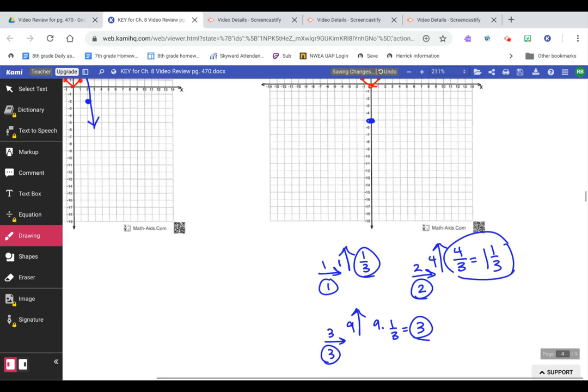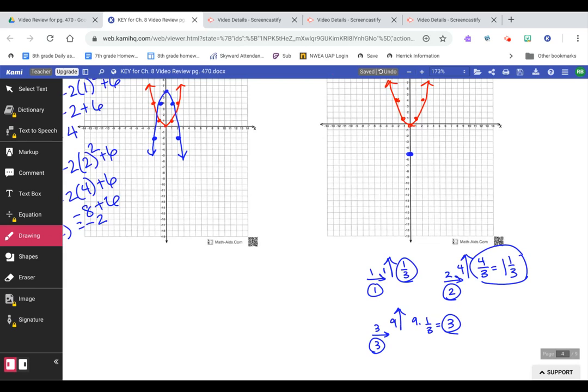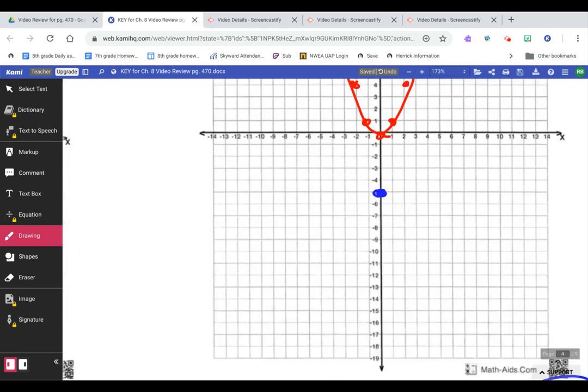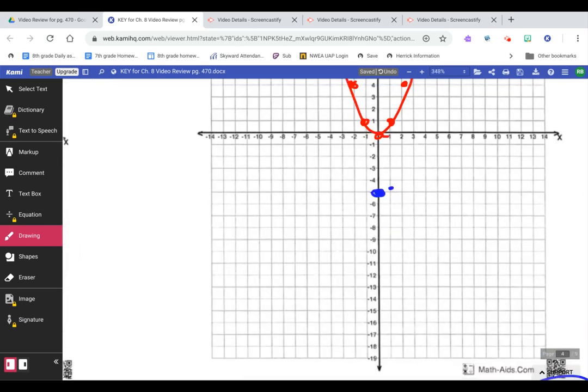So let's graph those. Okay, so over 1, and I'll blow up my graph, up 1/3 is about here. And then we have over 2, up 4/3. So 4/3 is 1 1/3. Over 2, up 1 1/3. And then the nice point will be over 3, up 3. From the vertex, over 3, up 3.